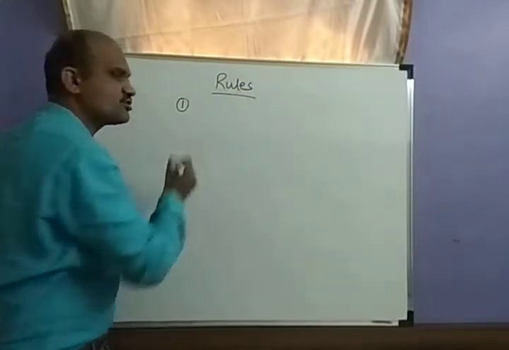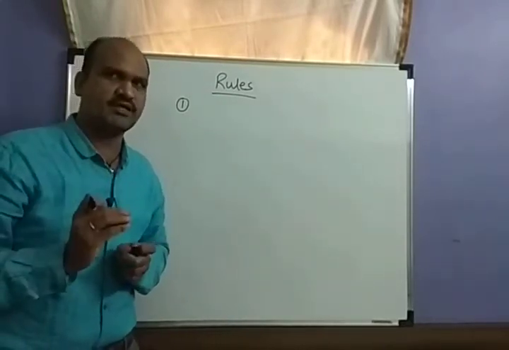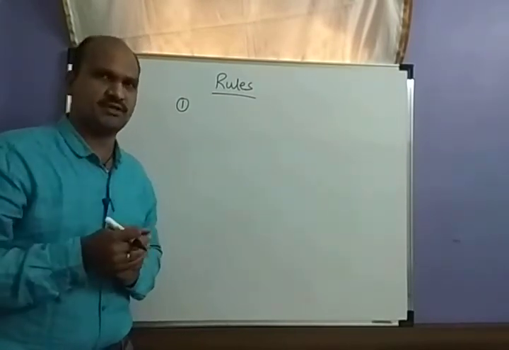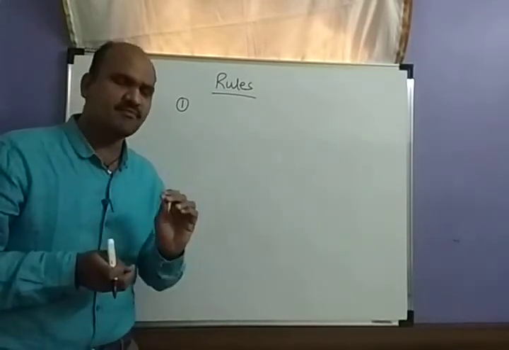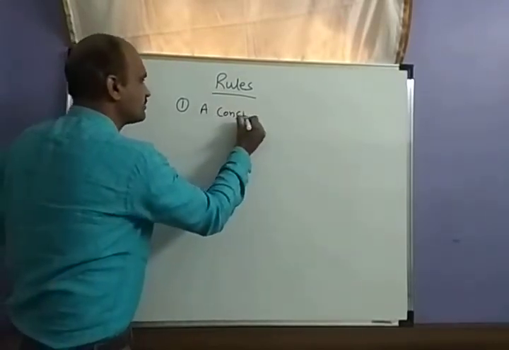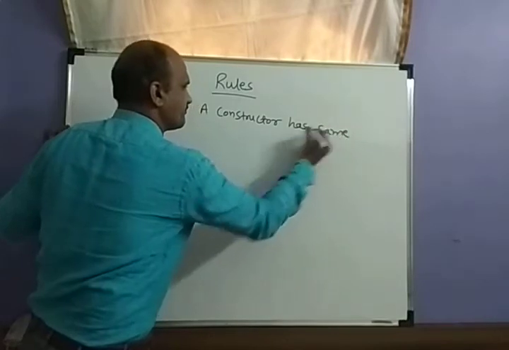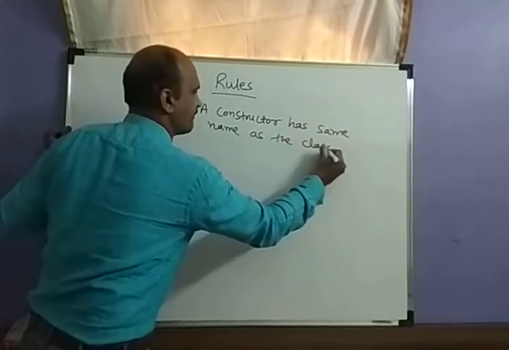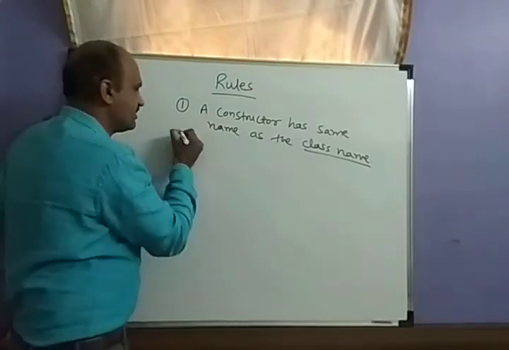What is the first rule? A constructor always has the same name as the class name of which it is a member. So the constructor name and the class name should be the same.